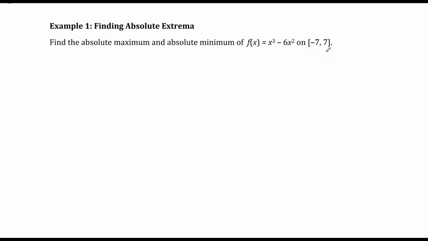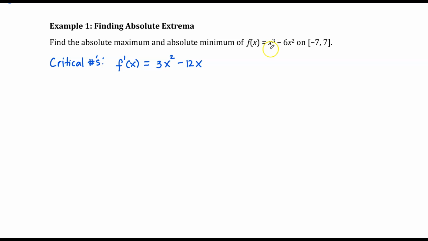And then next is to find the critical numbers. To find the critical numbers, we first get the derivative. The derivative of the function is f prime of x equals 3x squared minus 12x.